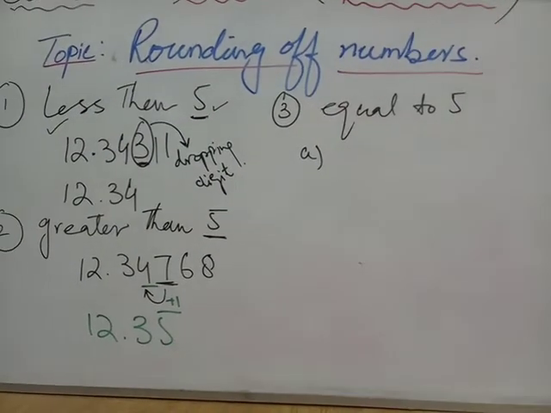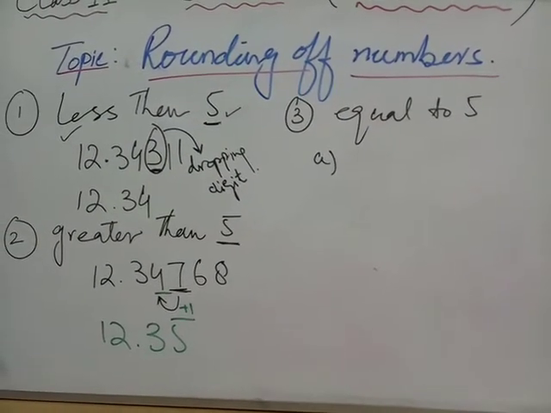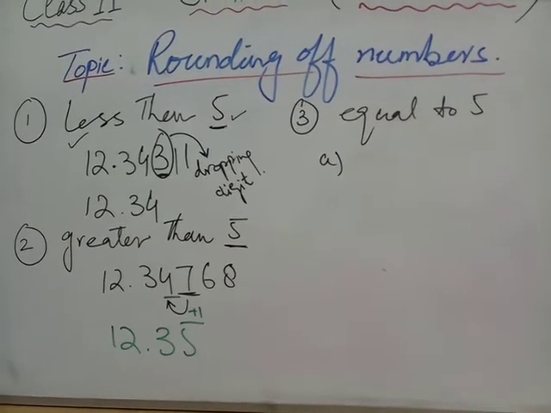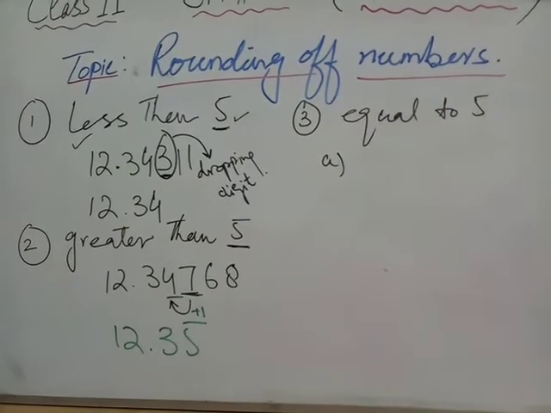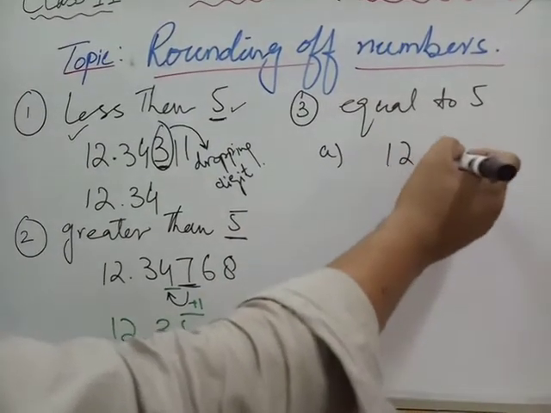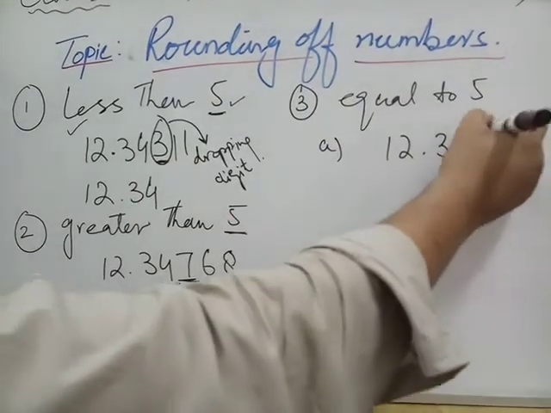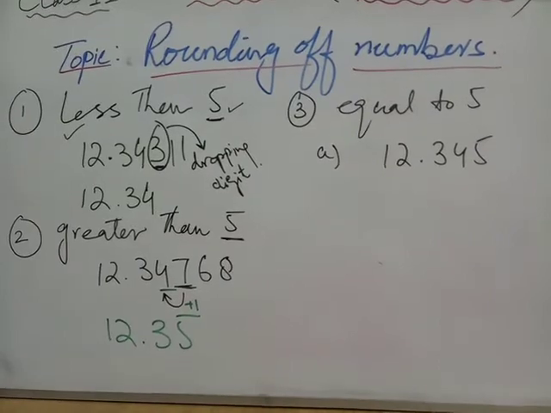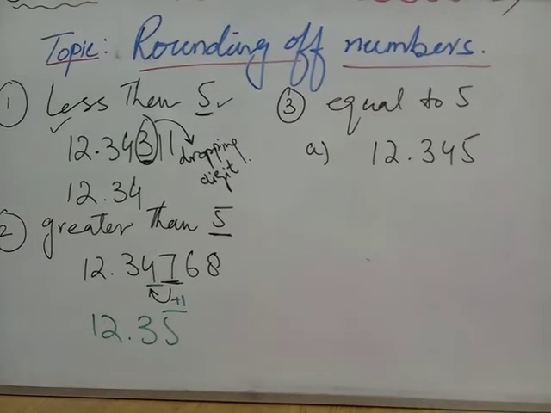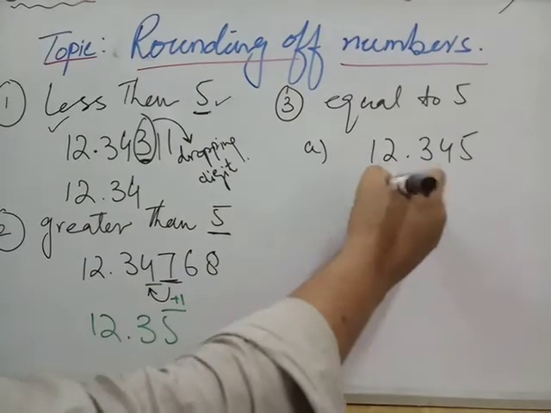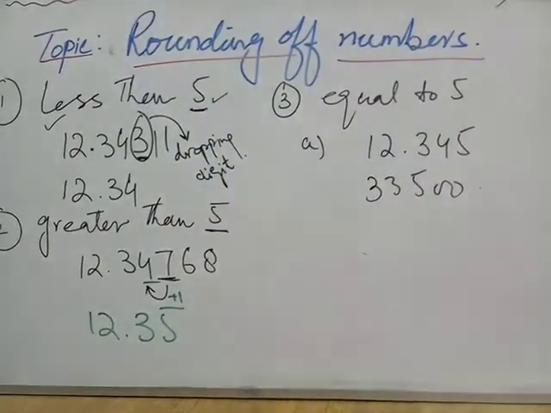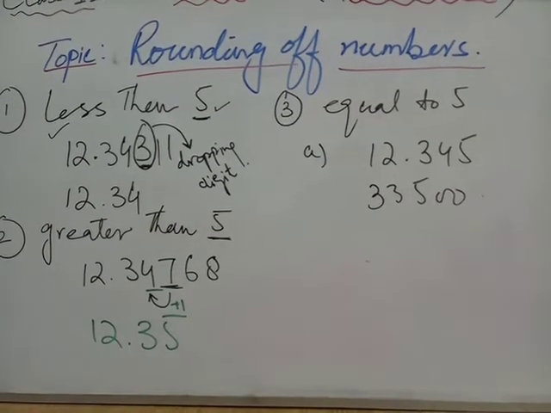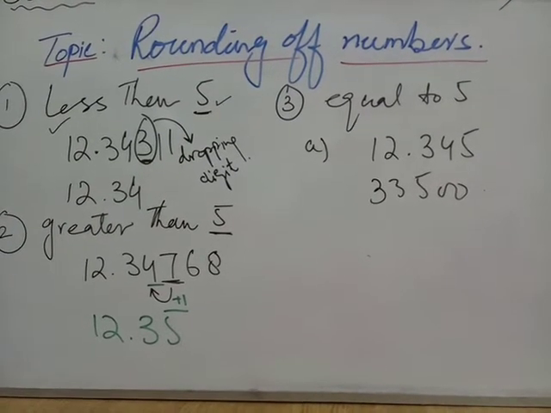Number 1, if there exists no non-zero digit after the dropping 5, as, let me see, 12.345, or you can say 12.34500. In such cases the digit 5 will be dropped and the last digit will be observed.